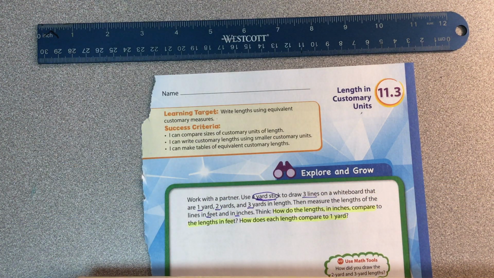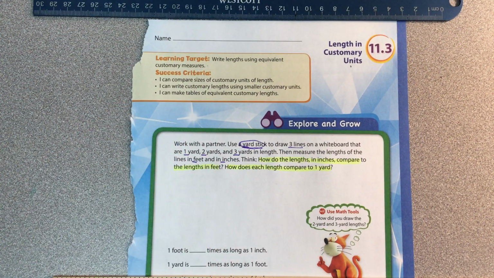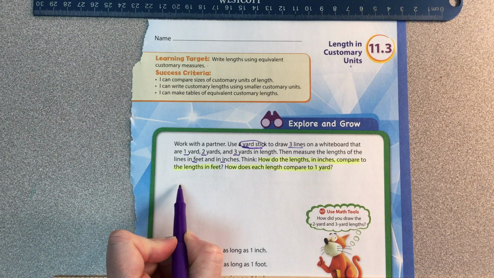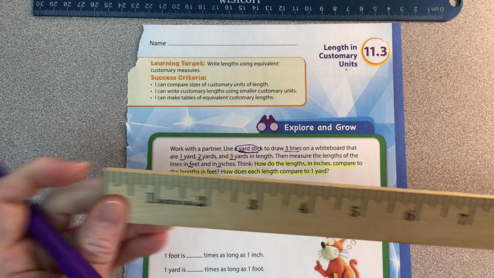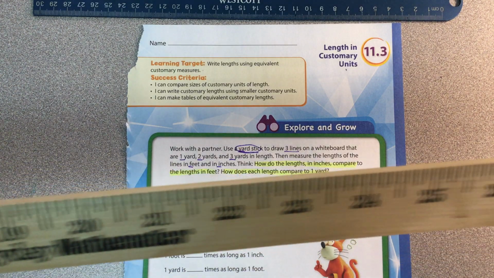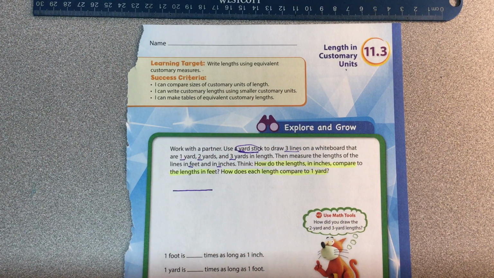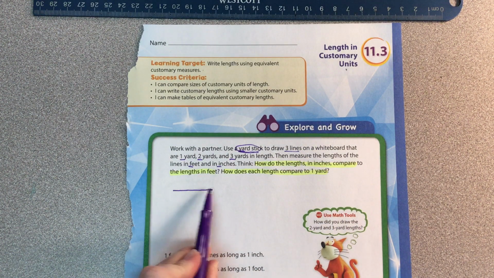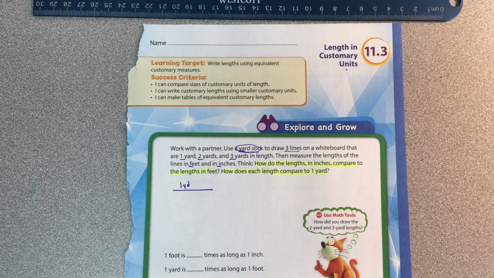Okay, so if I were to take that and draw 1 yard on the board, it would be a line the length of my whole yardstick. So I'm going to draw a smaller version here on our paper just to represent. So this is 1 yard.